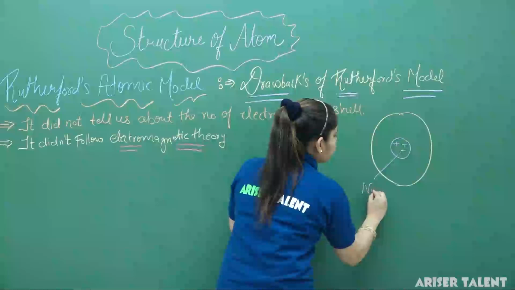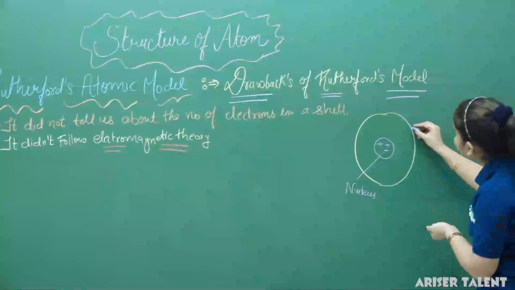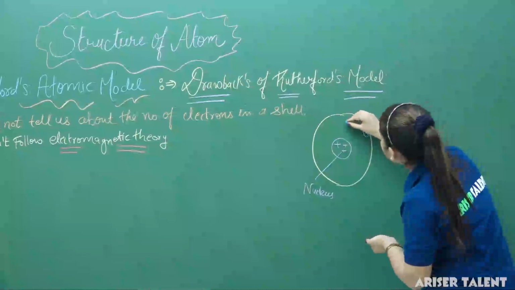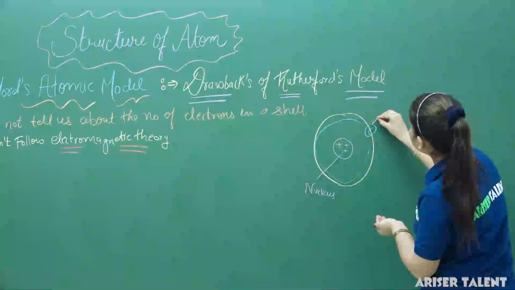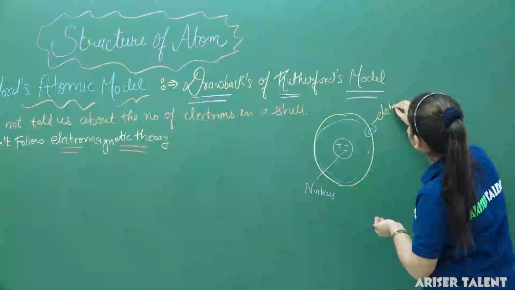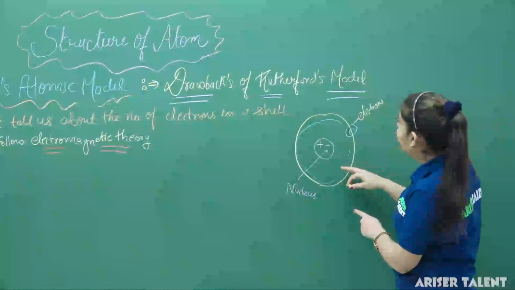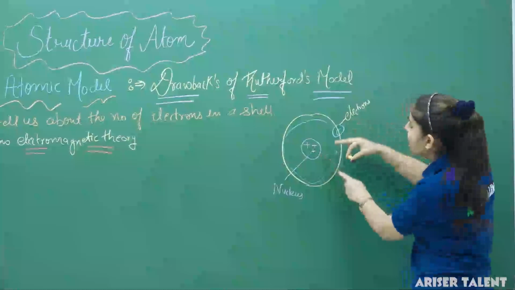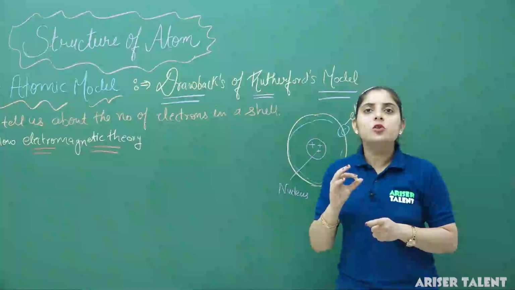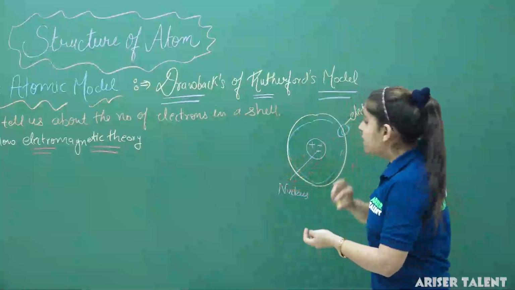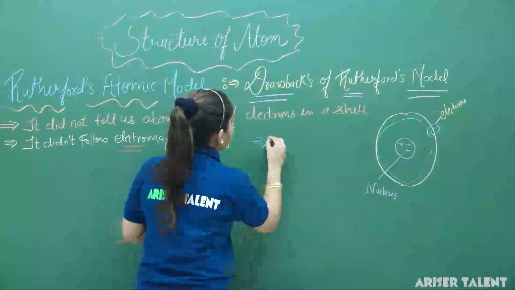So, at the center we have a positive charged nucleus, and electrons keep revolving in the outermost shell. According to electromagnetic theory, if a certain amount of charge is revolving around another charge, there is a continuous loss of energy, or emission of radiations, from this particle.